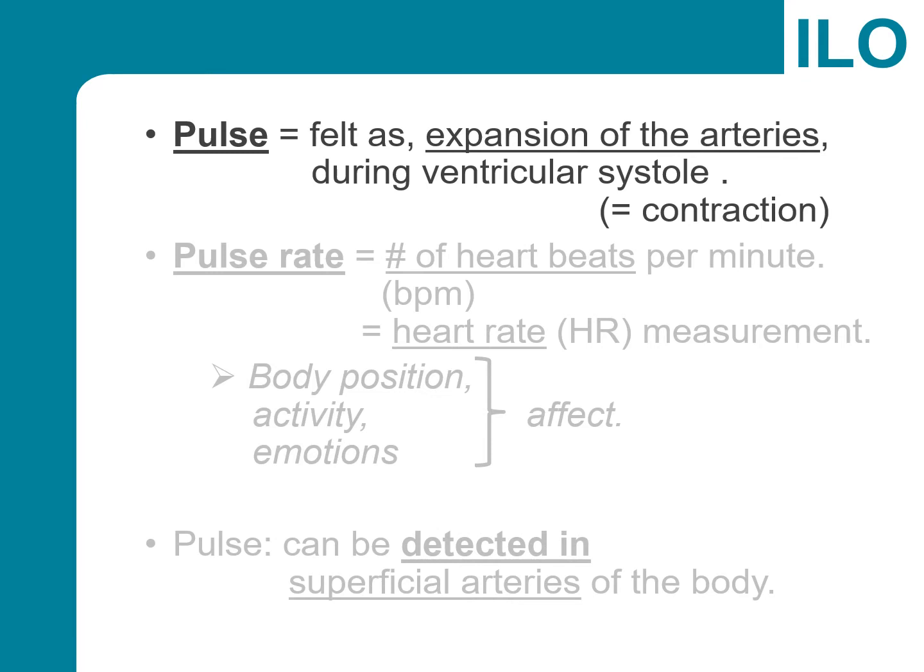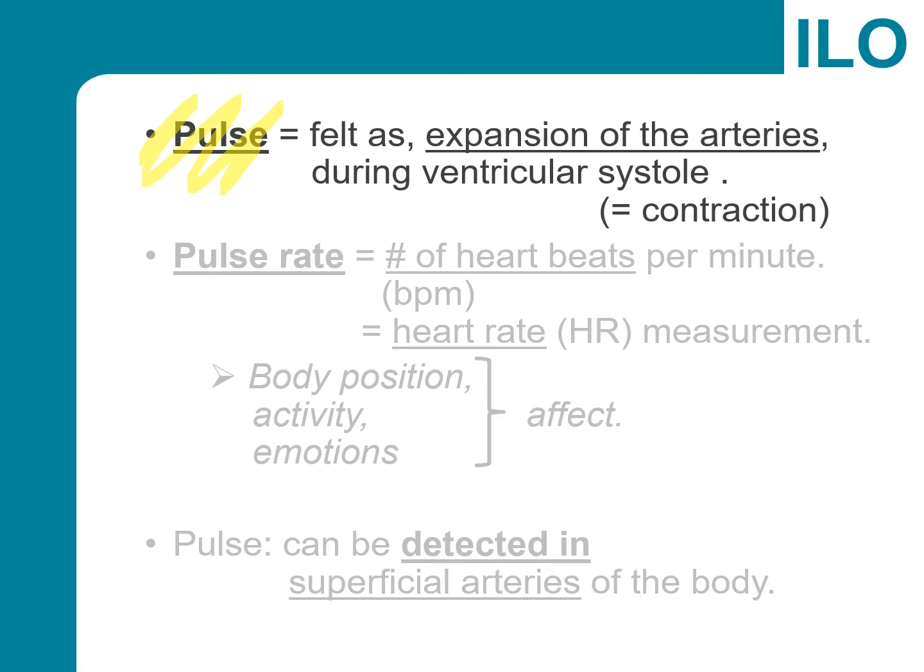I wanted to start with a few intended learning outcomes. First of all, pulse, which is what we will be studying in this lab, is an important measure that we can use to get a lot of information about what is going on in your body. So if we want to define it, it is that bumping sensation that we feel when we place a finger on someone's artery and detect that it expands and then shrinks again.